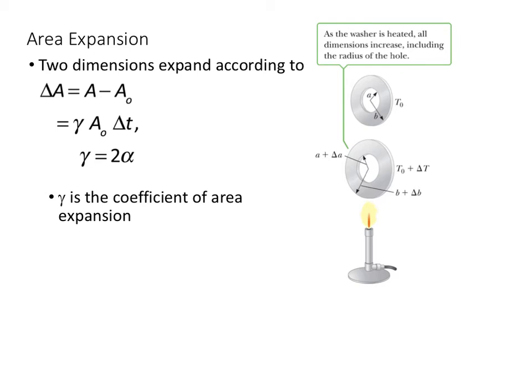So then you're going to have a change in area, which is your final area minus your initial area. And gamma here is the coefficient of area expansion, which is just 2 times the coefficient of linear expansion, because now we're doing it in 2 dimensions.